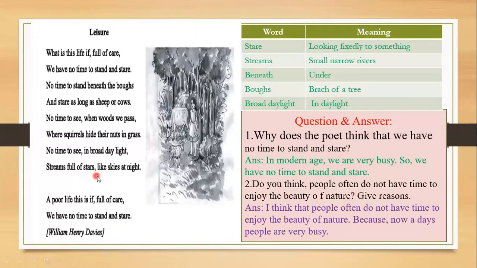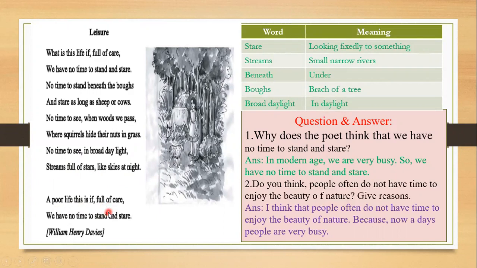Streams full of stars like skies at night. The poet would like to mean that streams, meaning small or narrow rivers, are also flowing, but we have no time to look at that. Also, we have no time to look at the stars in the night. A poor life this is, full of care.